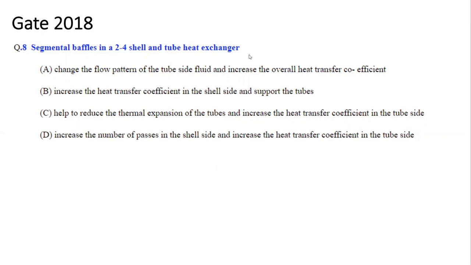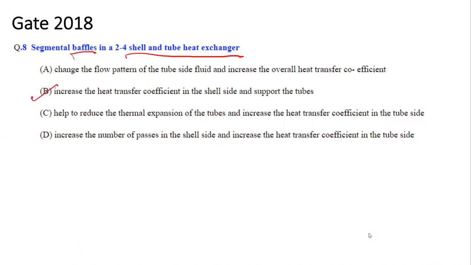You need to select the correct option which describes the exact function of segmental baffles in a shell and tube heat exchanger. In general, baffles in a shell and tube heat exchanger. I'll pause here for a while and you may try to answer it, and then I will discuss the solution. Kudos to everyone who could find out B as the correct answer.